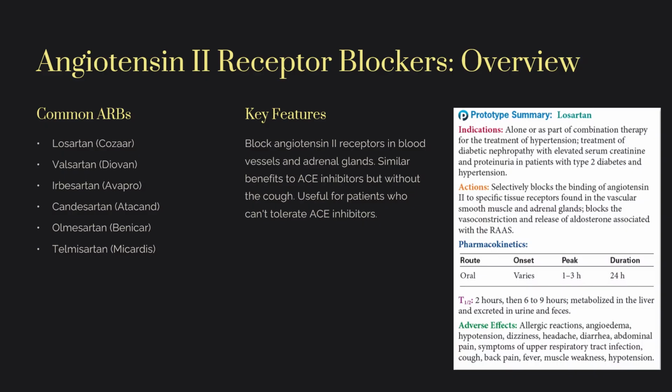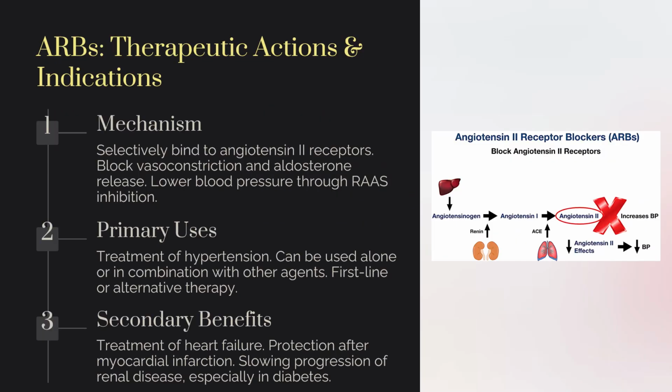So you can kind of put those together with the exception of the cough. These are binding to the angiotensin II receptors, preventing vasoconstriction and the release of aldosterone, therefore lowering blood pressure.